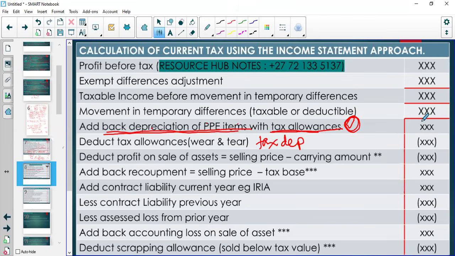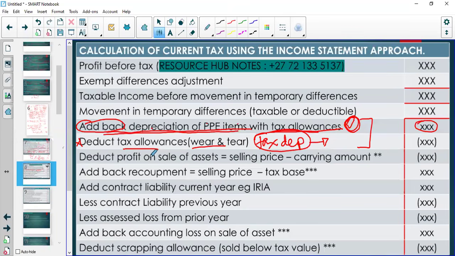So we had subtracted this, we need to add it back and wait for instruction from SARS. And the instruction says, now you can deduct the wear and tear, the tax allowances, or the tax depreciation. This is done for taxation purposes. Okay. I'm not sure if this will completely make sense to you because it's a short space of time, but I hope it does.